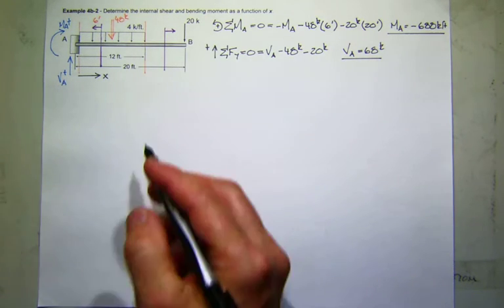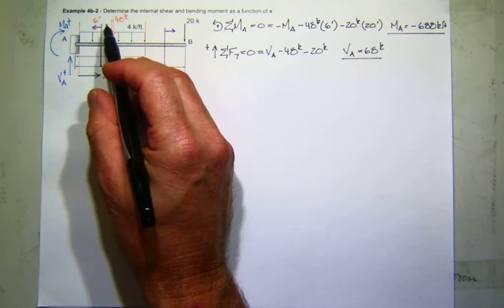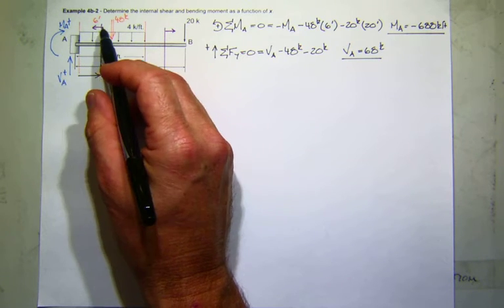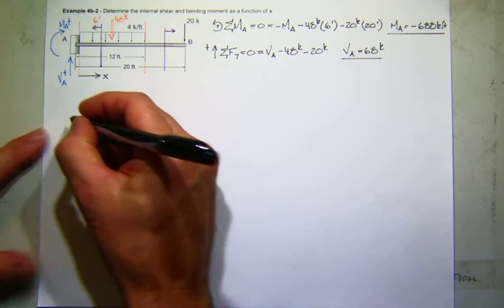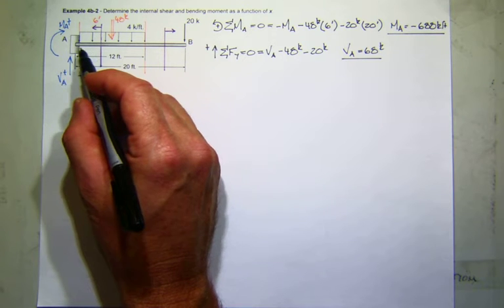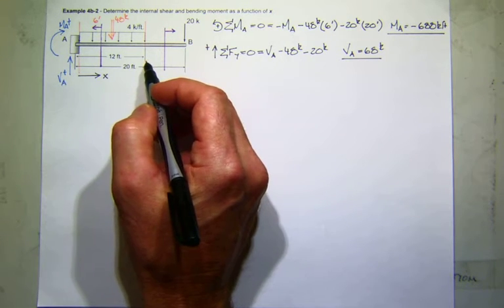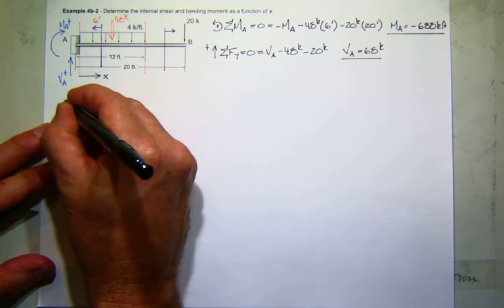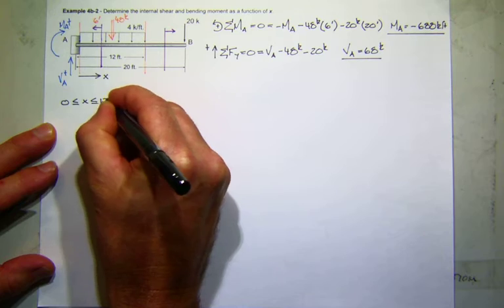Now let's look at this first purple cut that I made. We talked about doing the left side, so we'll do that. What values of x will this cut be good for? It's going to start at 0, and how big can it get? 12. So this will be a set of equations that are good from 0 to 12.